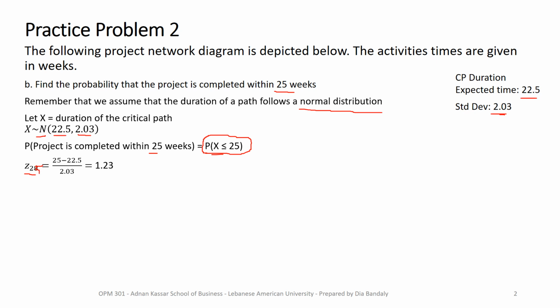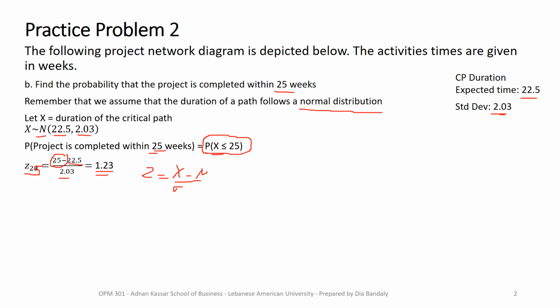I'm sorry about that. Okay, 25. So I'm finding the value of z corresponding to x equal to 25. So I use z equals, remember this equation, x minus mu over sigma. This is how you standardize an x. So this x is 25, the value that we are interested in here, minus the mean divided by the standard deviation. So it's 1.23.